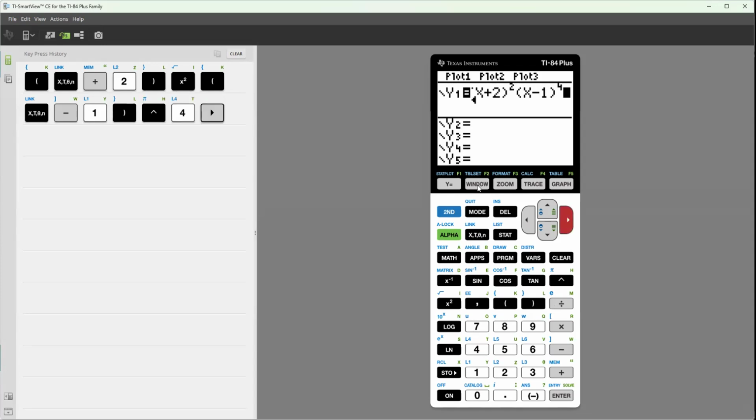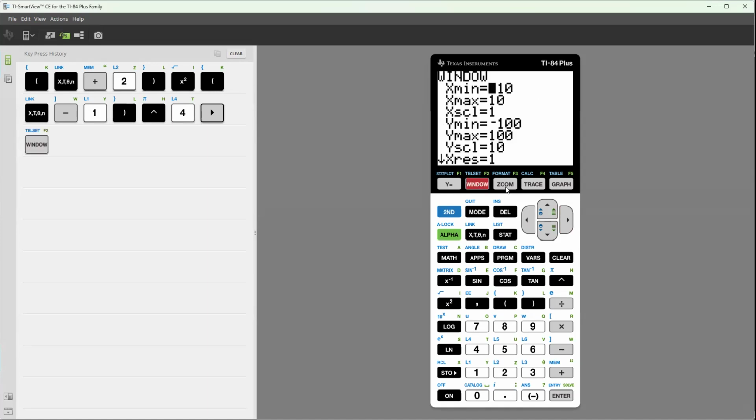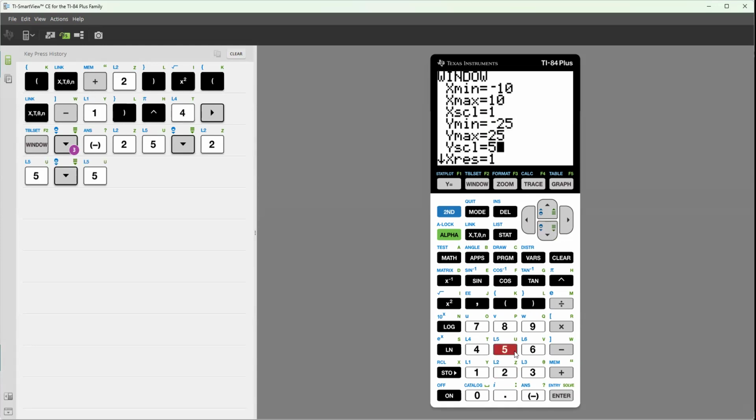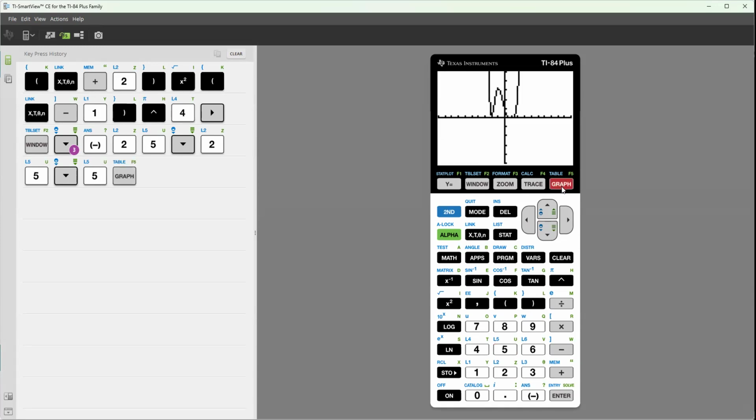All righty, so I'm going to go to window. The x's were -10 to 10, so that was good. The y went from -25 to +25, and then they looked like they were going by fives. All right, y'all, so let's hit graph and see what's going to happen.